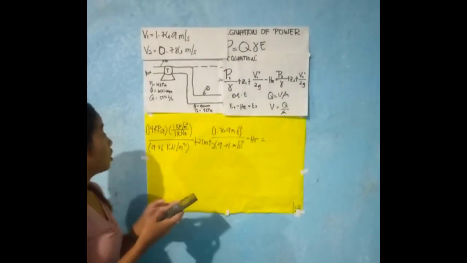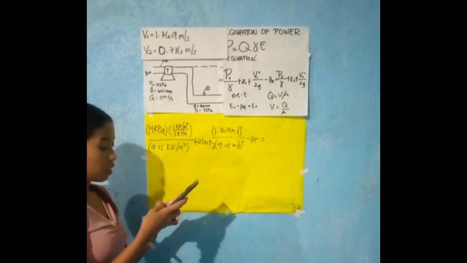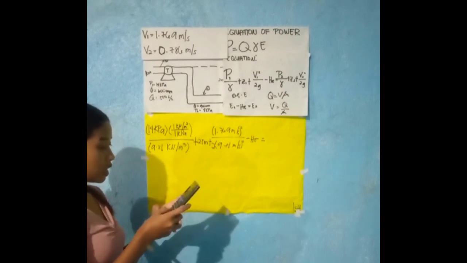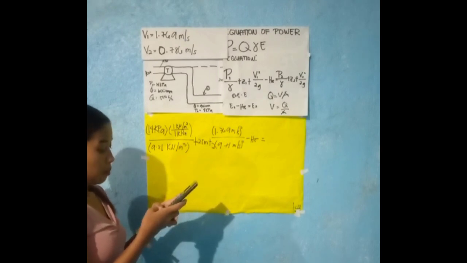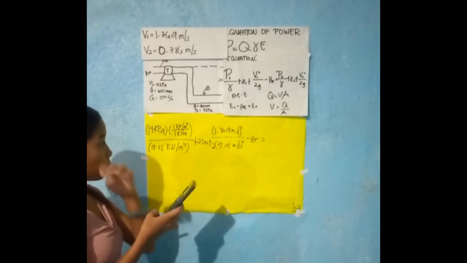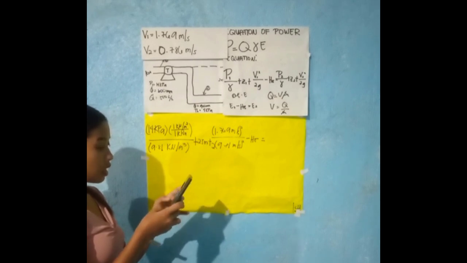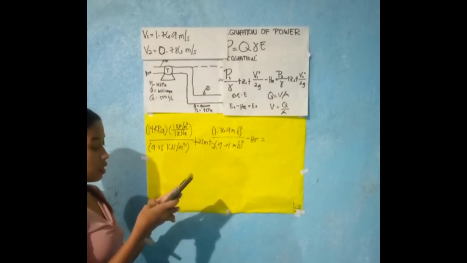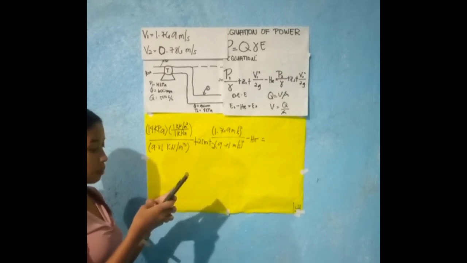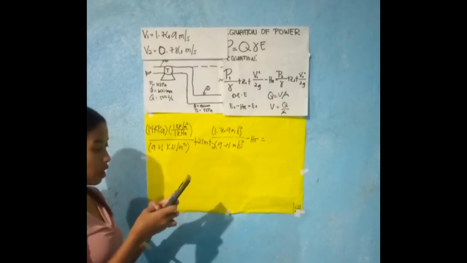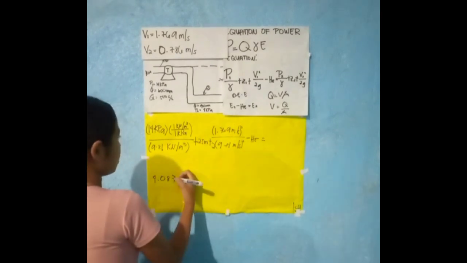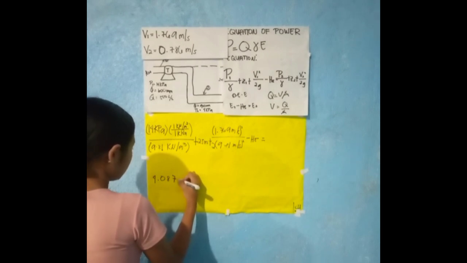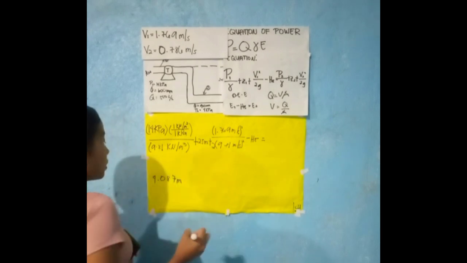So, 14 kilopascal divided by 9.81 plus 2.5 plus the velocity in point 1, 1.769 squared divided by 2 times 9.81. So this is our energy in point 1.